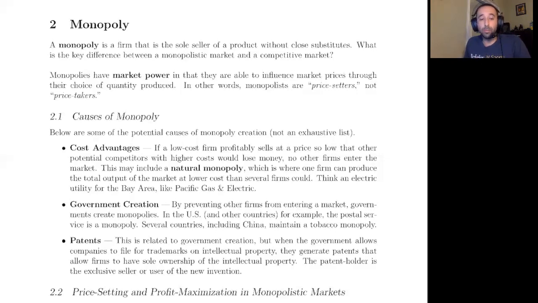The second way a monopoly can come about is through explicit government creation. We don't really observe this in the US because we have antitrust laws and things like that. But in other countries, such as China, China maintains a tobacco monopoly that's government induced. You could technically call the US Postal Service a monopoly, because the US provides that service and there is no direct competitor that does the exact same thing.